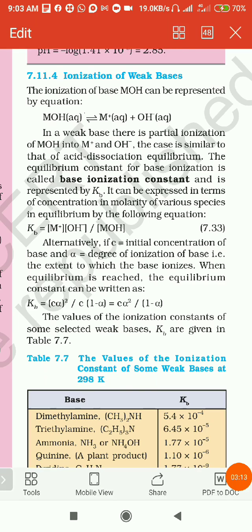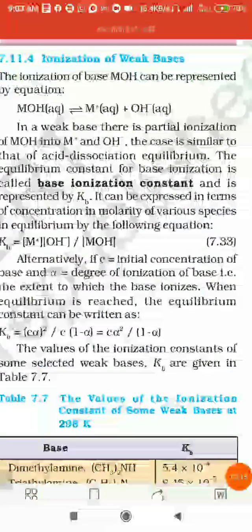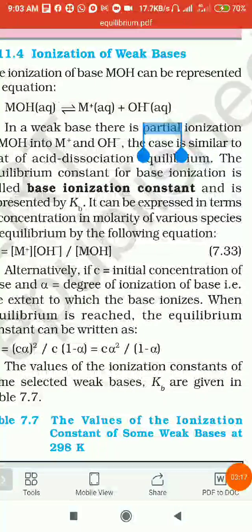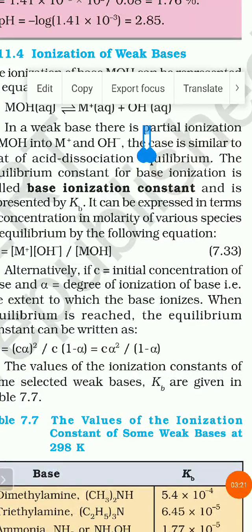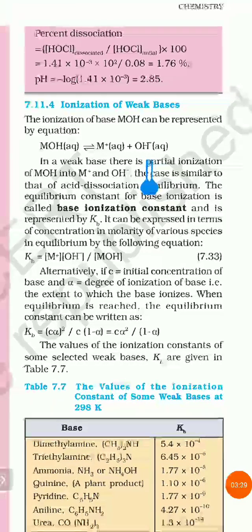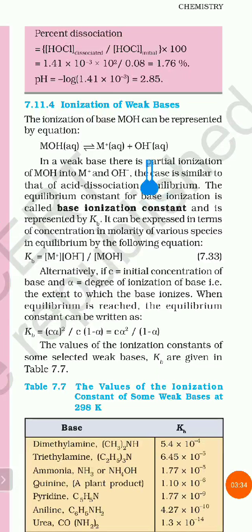If it is 100% dissociated, it is called a strong acid or strong base. Partial ionization means a weak acid or weak base, where only about 50% dissociates.